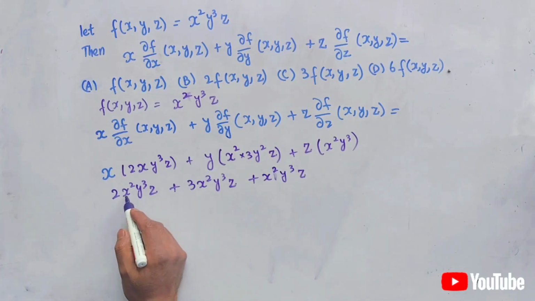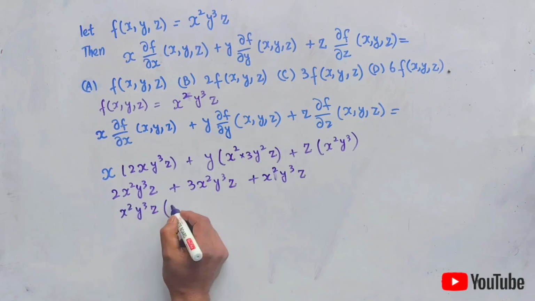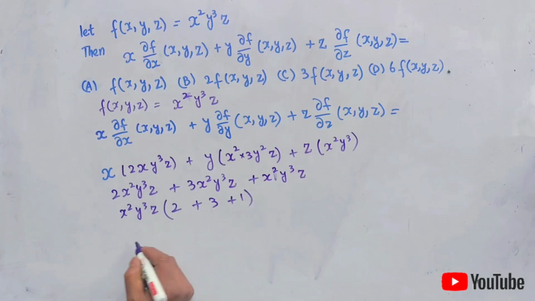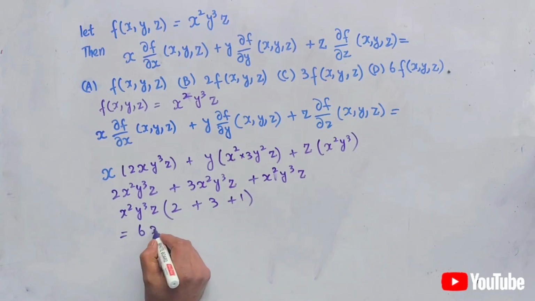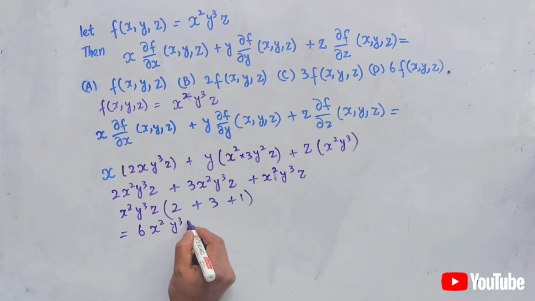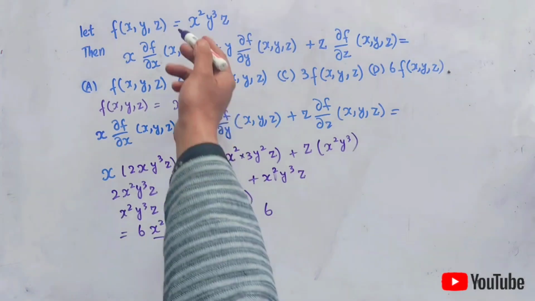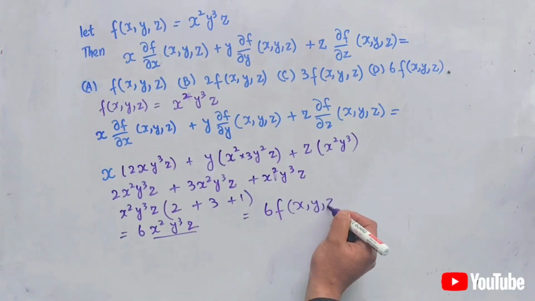If I take x square y cube z common, we are left with 2, 3 and 1. So 2 plus 3 plus 1 is 6, and we get 6 times x square y cube z, which is equal to 6 times the given function, f of x, y, z.